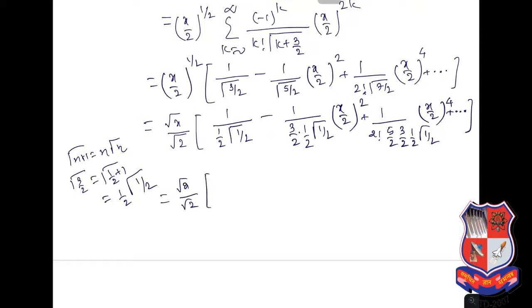Now this is equal to root x by root 2. Okay, now let us do like this. Here 2 will be in the numerator, gamma 1 by 2 in the denominator, then 2 in the numerator, gamma 1 by 2. Here also 2 in the numerator, gamma 1 by 2. So we can take gamma 1 by 2 even outside, so that we don't need to write again.